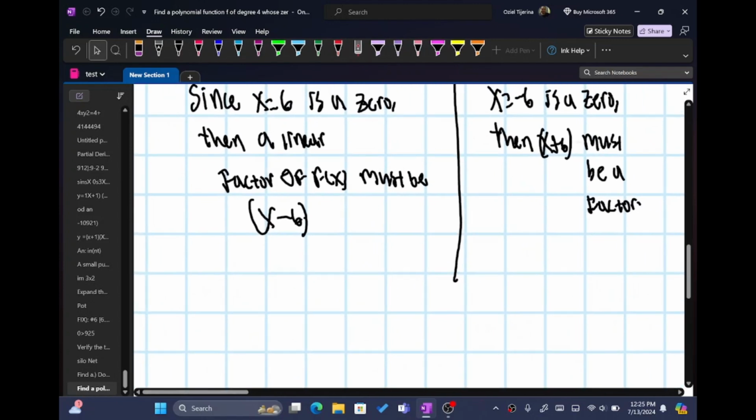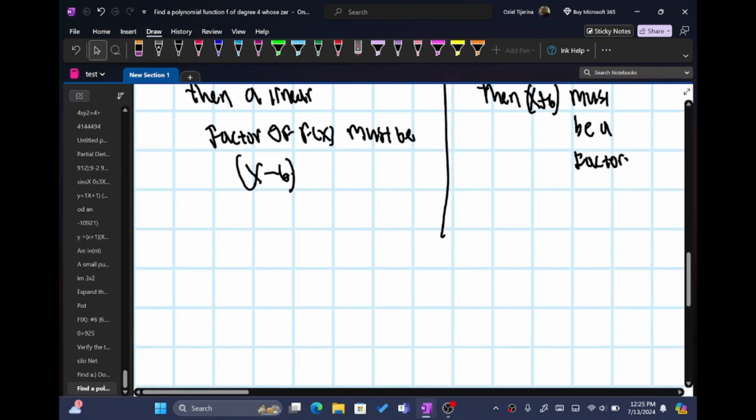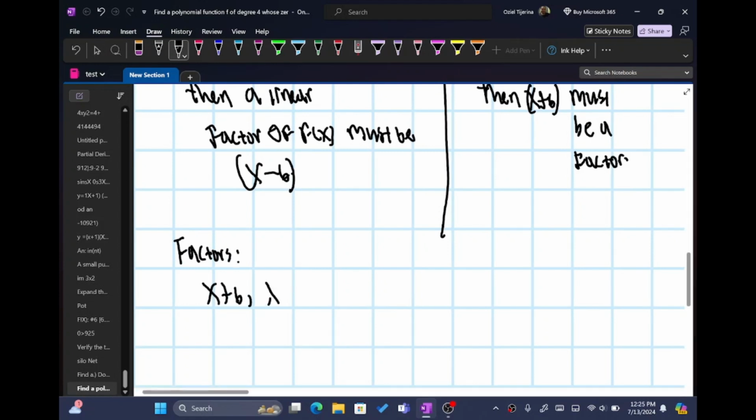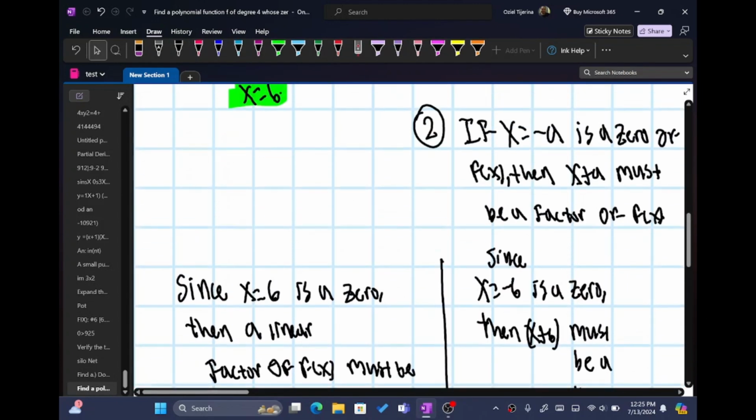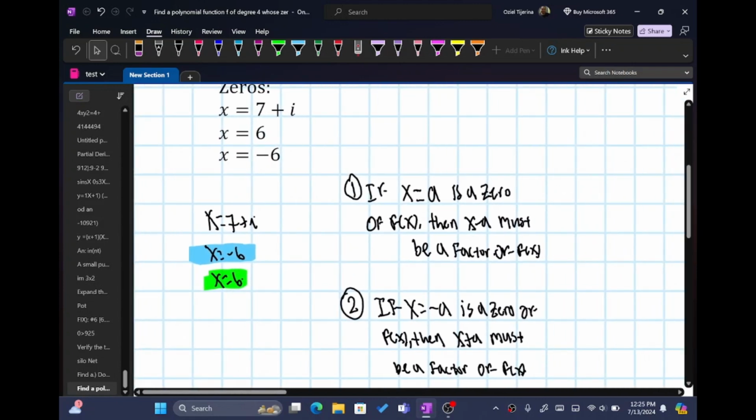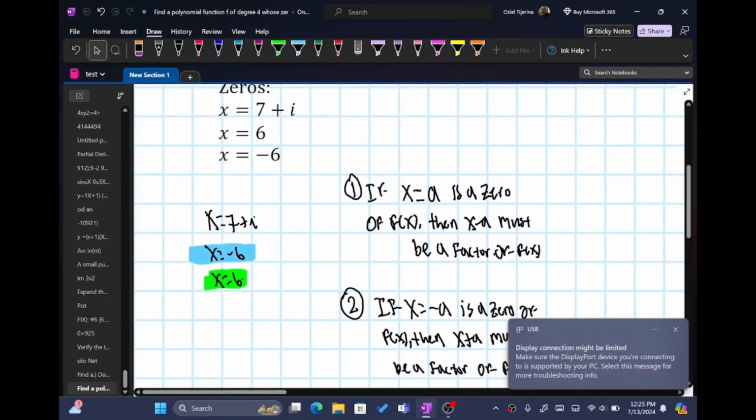Okay, so so far the factors are x plus 6 and x minus 6.